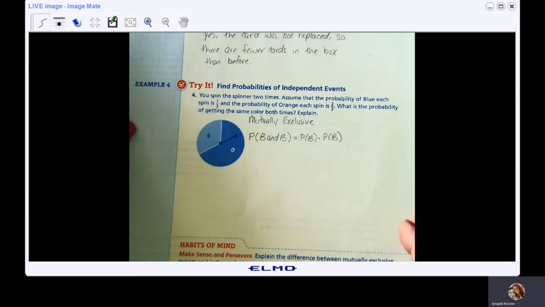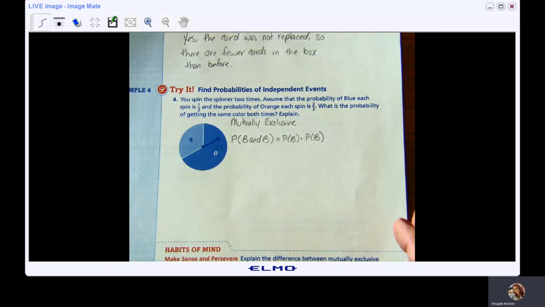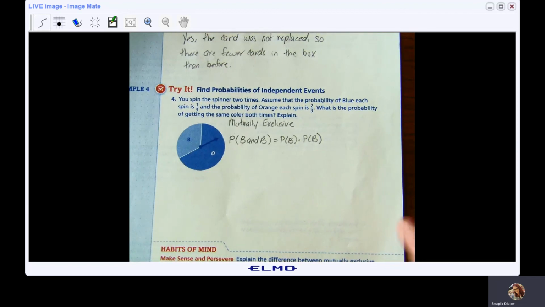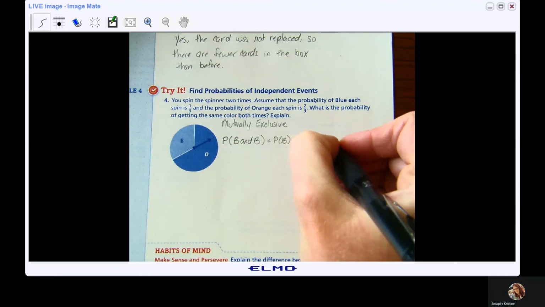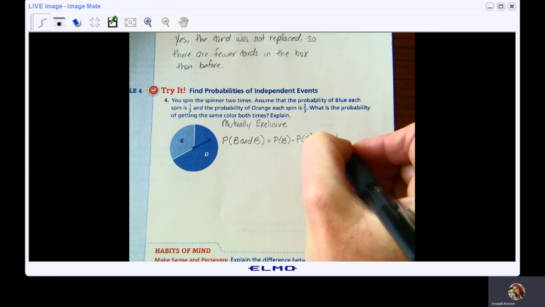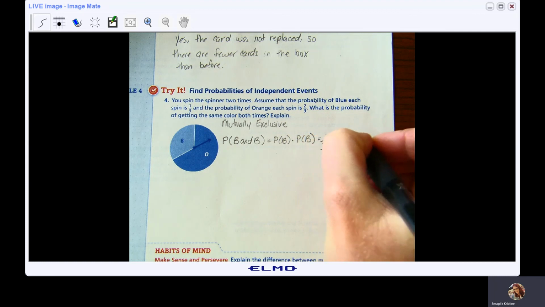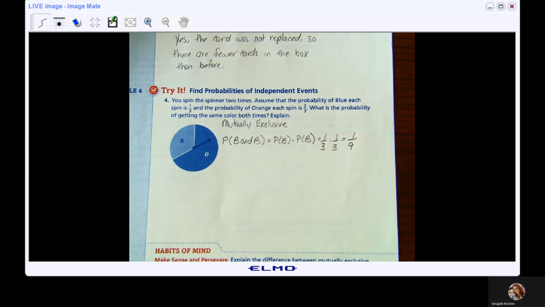And the probability of spinning blue was 1/3, so 1/3 times 1/3. We have a 1 in 9 probability.